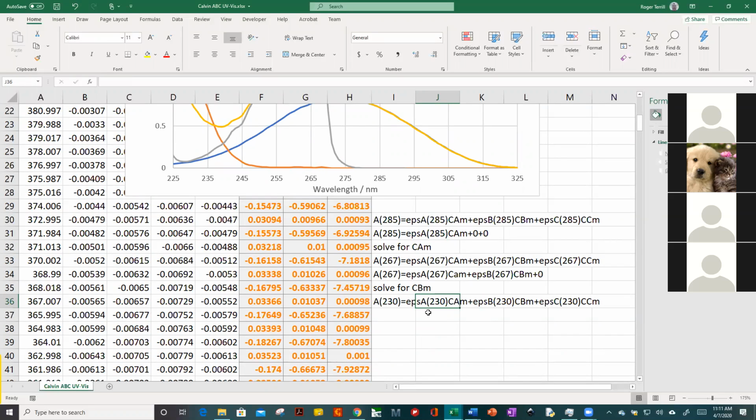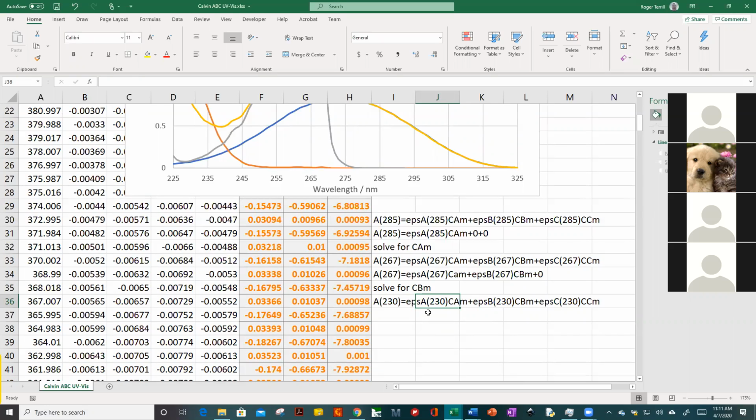Kenya: we get it from solving the very first one. Exactly. Yes. It's the orange numbers. Sorry, I was reading your comment. Yeah, we do know epsilon of A, and we know C sub A, right?